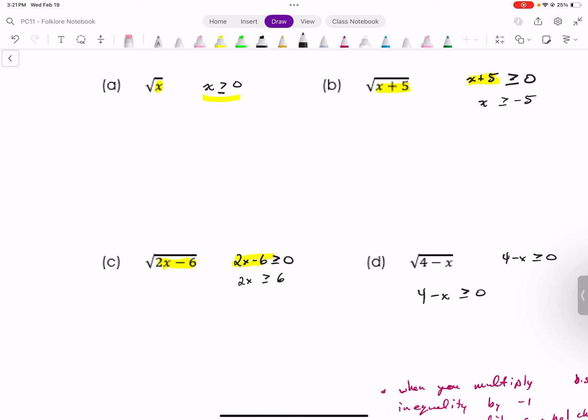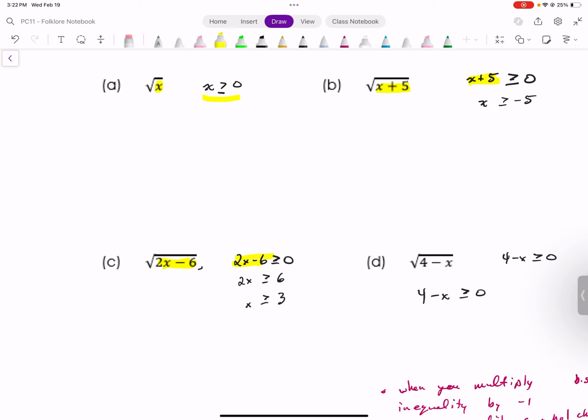So if I add 6 to both sides, the inequality sign is still maintained, it still points the same way. And if I divide both sides by 2, that inequality still remains. So this radical will have a real value provided that x is greater than or equal to 3.